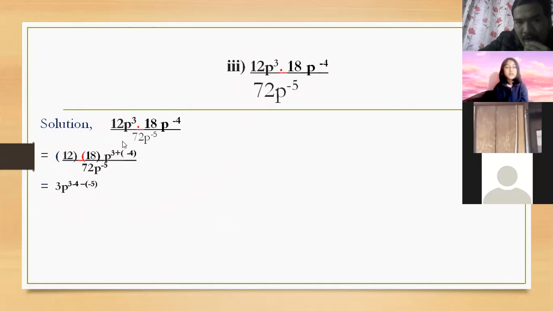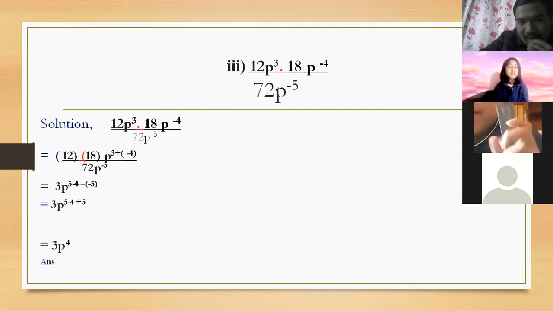If you multiply, the power is added, and up and down is divide, that means we have to subtract. And the answer will come 3 to the power 4, because 3 plus 5 is 8, and 8 minus 4 is 4. First one we have to add, which has the plus sign.